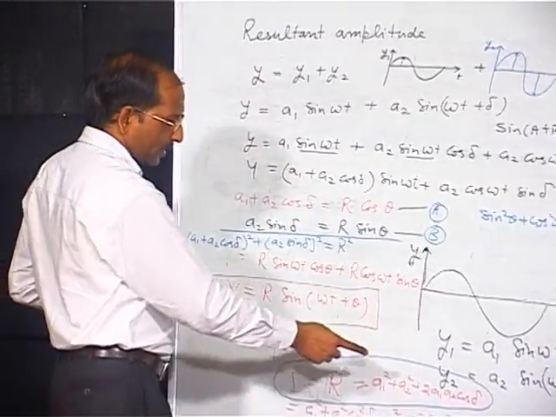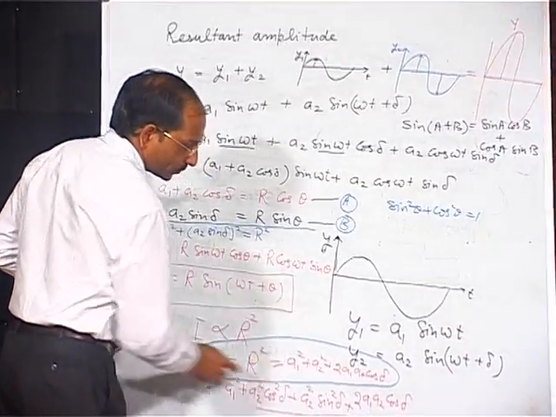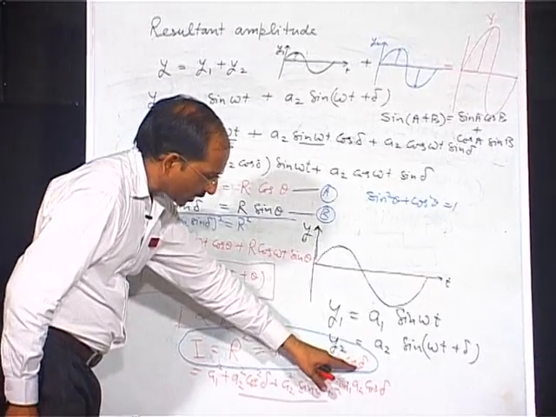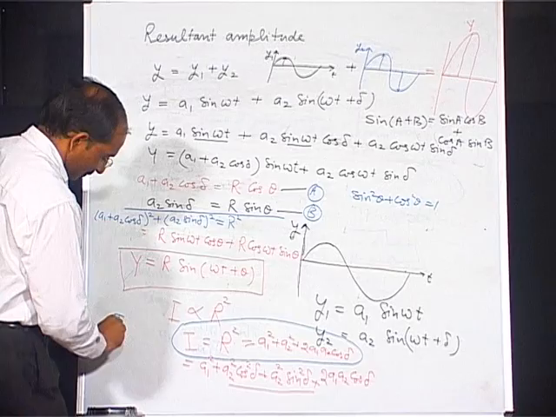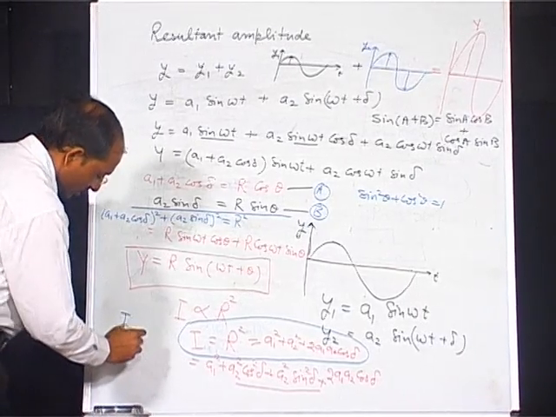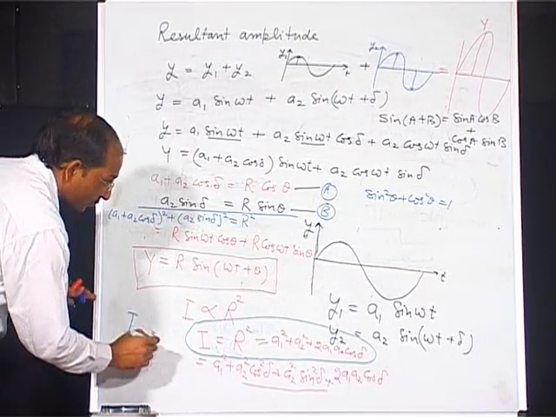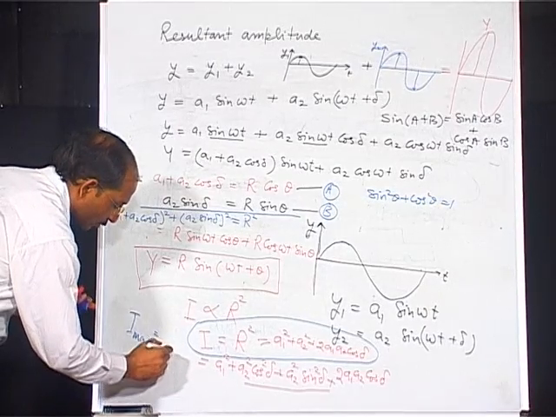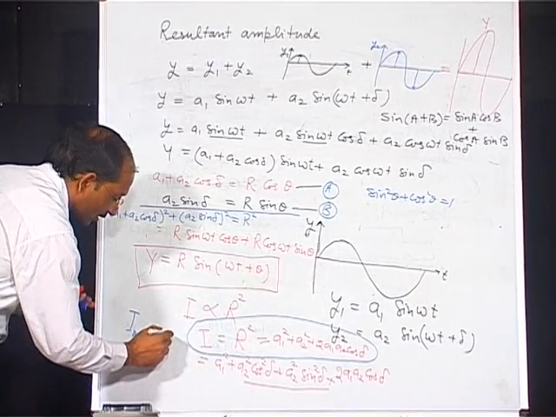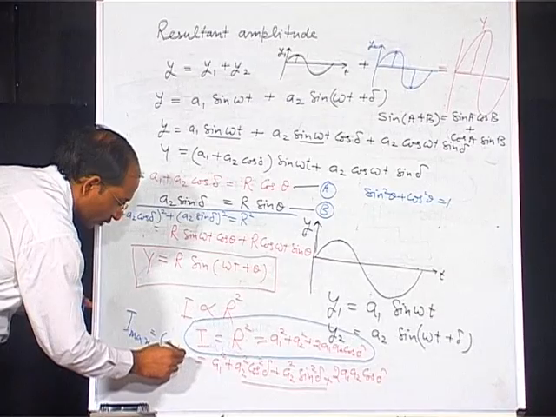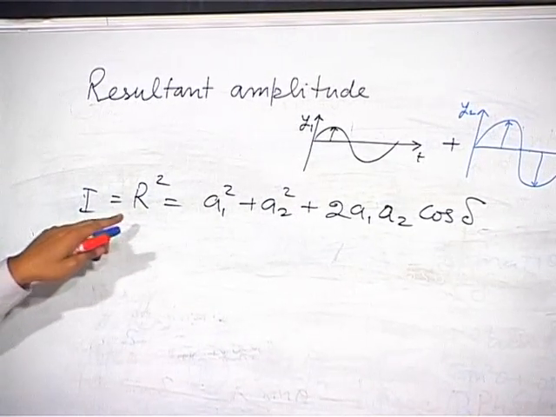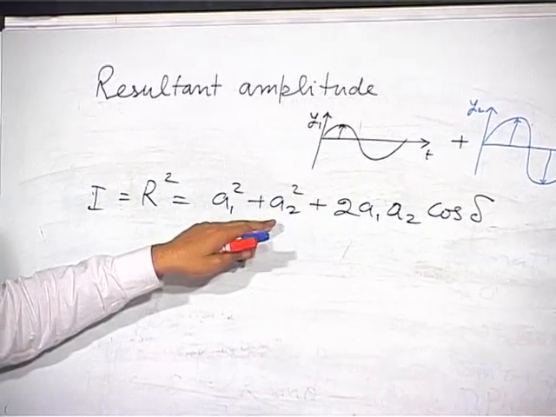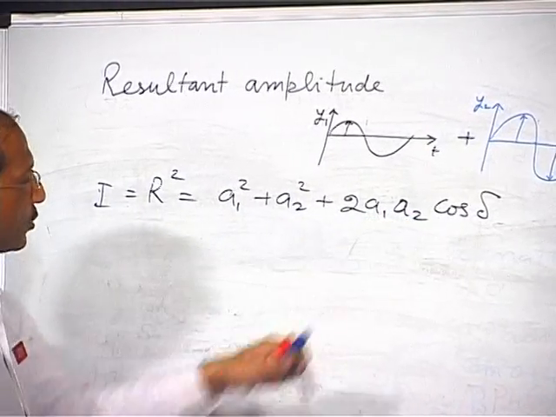If delta is equal to 0, that is, if cos delta is equal to 1, at that time I is maximum. I max is when cos delta is equal to 1, and this is equal to a1 plus a2 whole square. So, intensity is equal to a1 square plus a2 square plus 2a1 a2 cos delta.